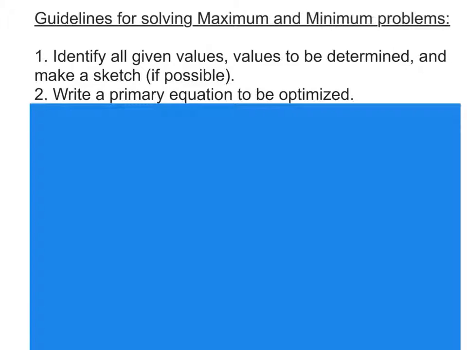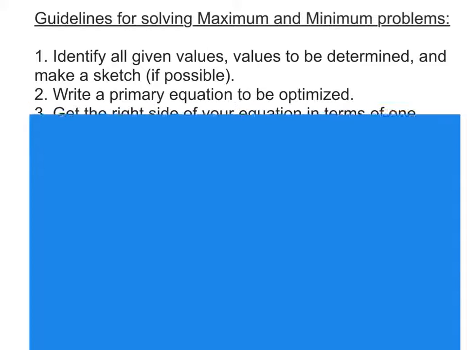If you're trying to design, say, a can, like a cylinder, that uses the least amount of material, you're not looking for the volume, but the minimum amount of material is going to involve the surface area. So you'd have to use your surface area formula as your primary equation.